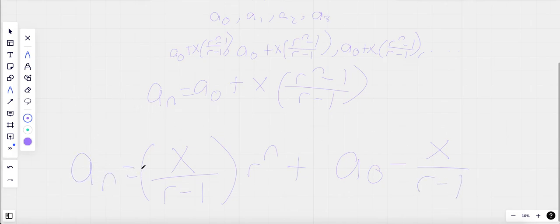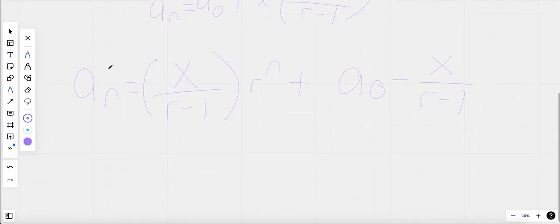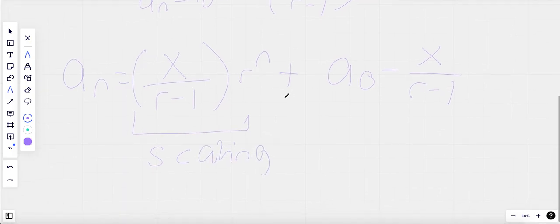And now I want to make clear that this here is the scaling, and I'll explain what this means in a moment. And this here is the shift.